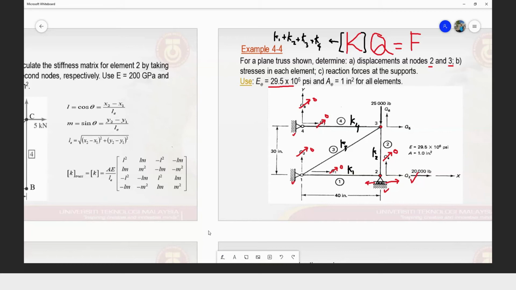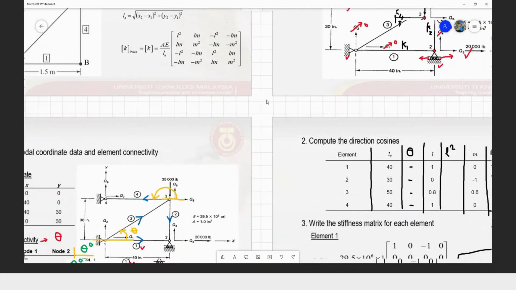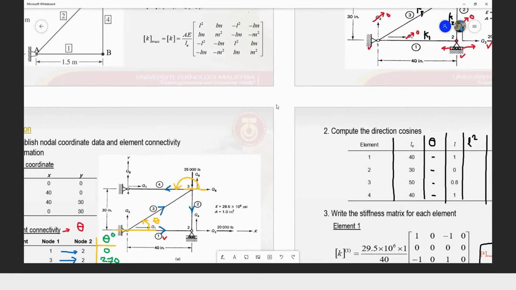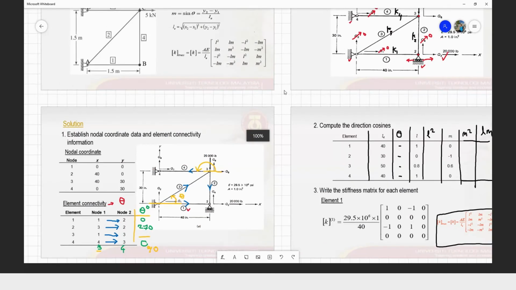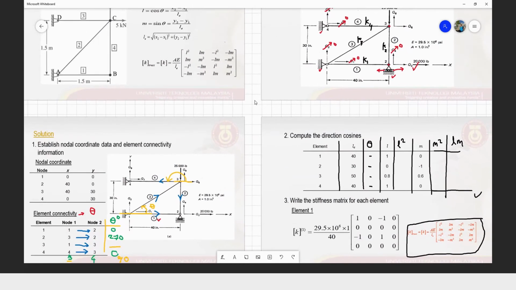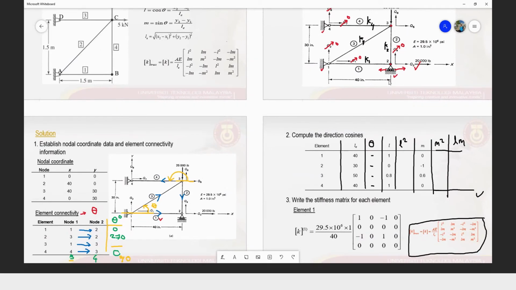we need to refer to the element connectivity. Okay, if I can make it slightly smaller so that I can make use of all of this information. So now this is our problem, the structure with the boundary condition, and then this is our element connectivity. Let's say I would like to prepare the K metric, but I don't want to prepare everything.